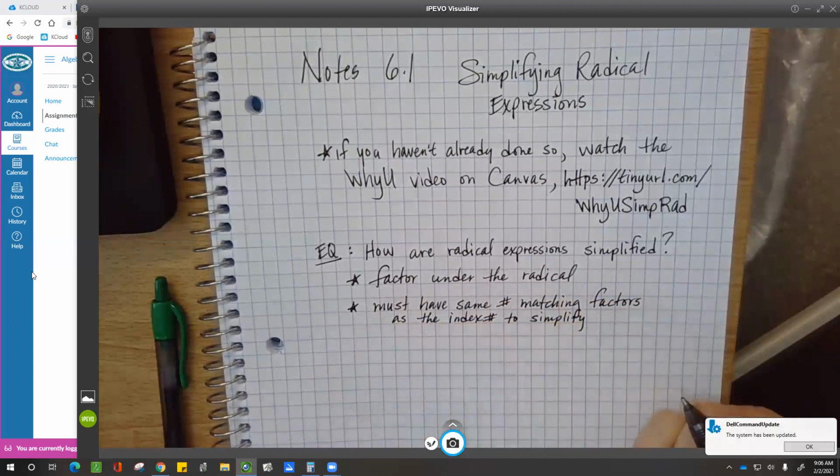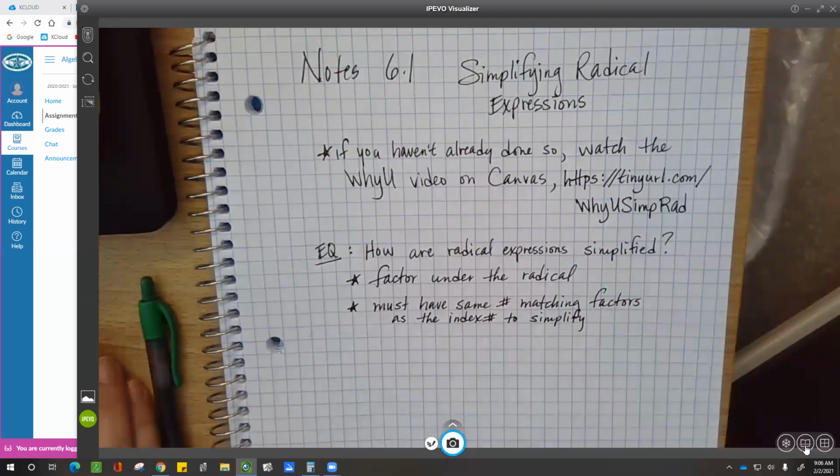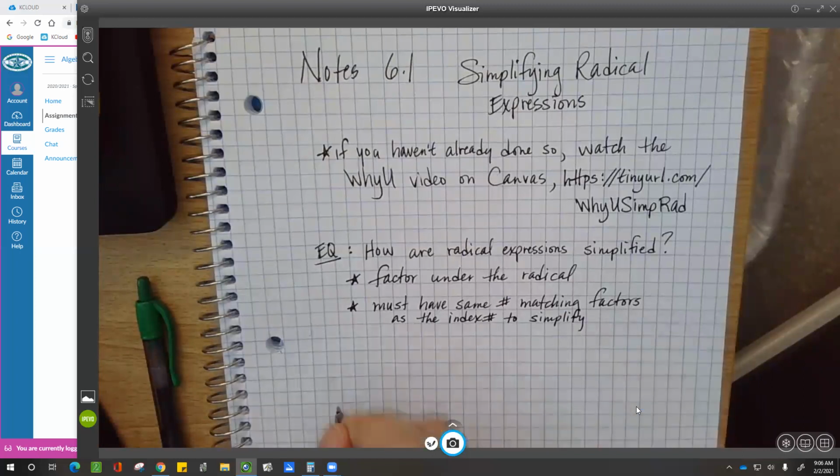So if the index is 2, I need to have 2 matching factors. If the index is 3, I need 3 matching factors. If it's 4, I need 4, whatever. Whatever the index number is, that's how many matching factors I'll need to have. So let's work some examples.